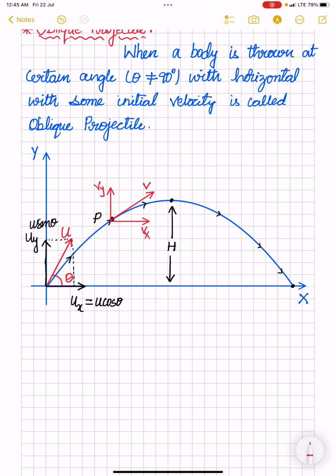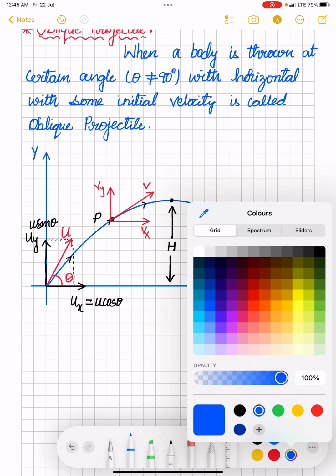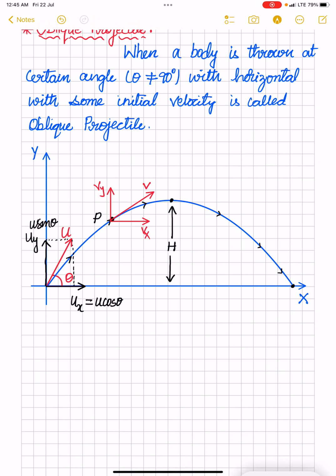So at that particular point we have Vx as well as Vy. Now at maximum height, already in motion under gravity we learned, the particle will have vertical velocity 0.